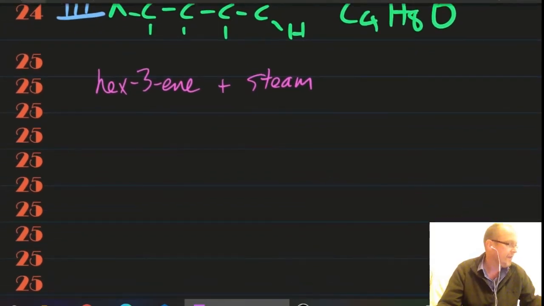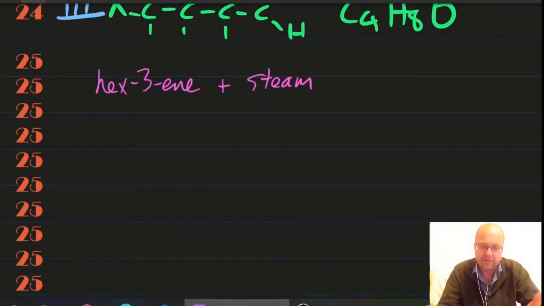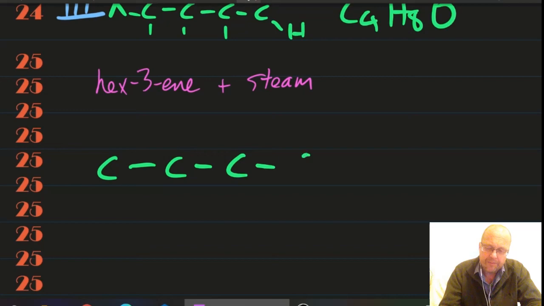25, hex-3-ene and steam. Well, you need to know 5 reactions for the alkenes, all addition, adding stuff on, not swapping, that's substitution, adding. You need to know hydrogenation, halogenation, hydrogen halogenation, hydration, and polymerization. Well, this one's hydration. Water is steam. So let's draw out hex-3-ene. 1, 2, 3, 4, 5, 6.